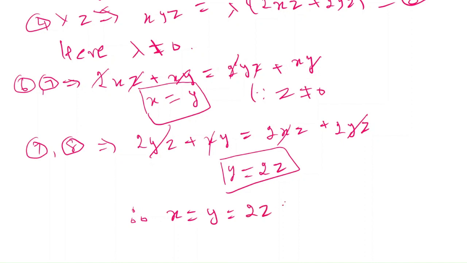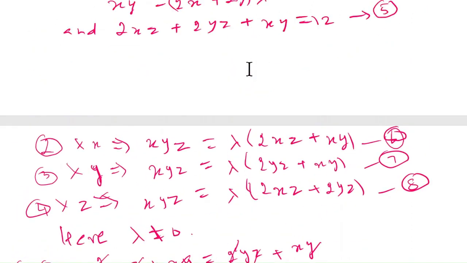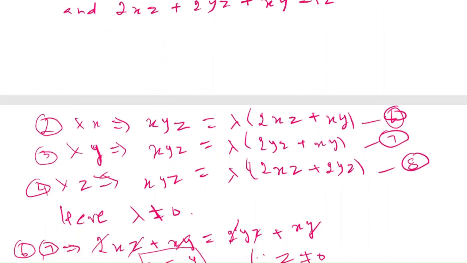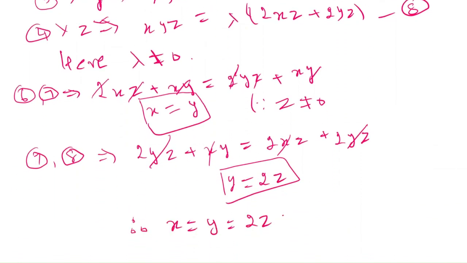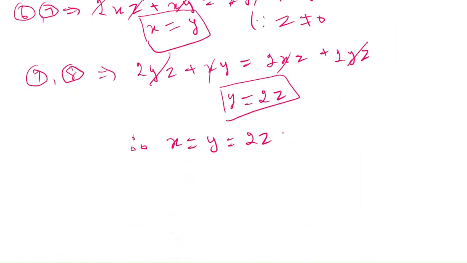So we substitute this in equation 5: put x equal to 2z and y equal to 2z in equation 5.